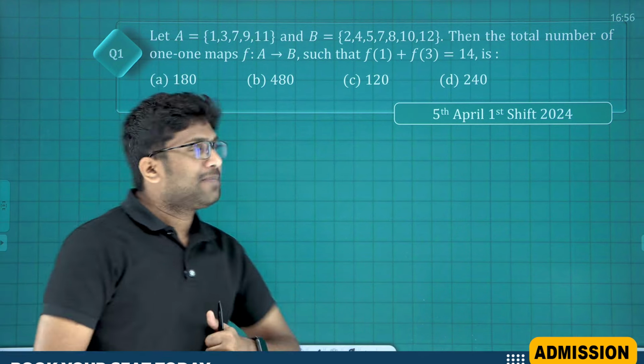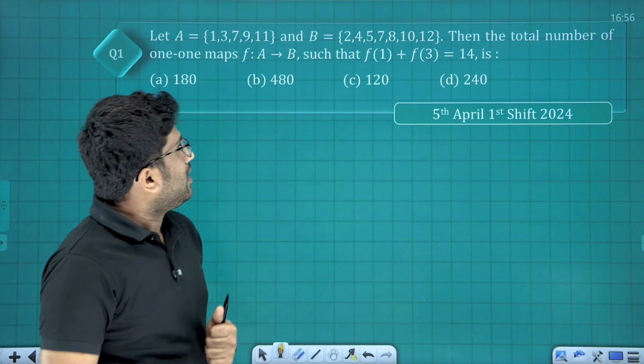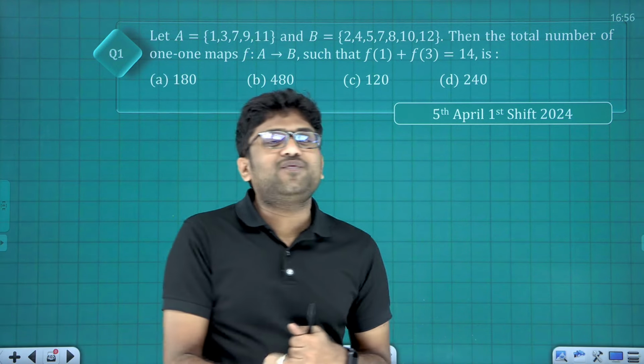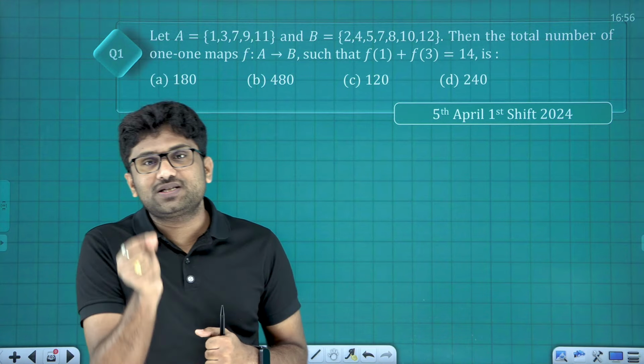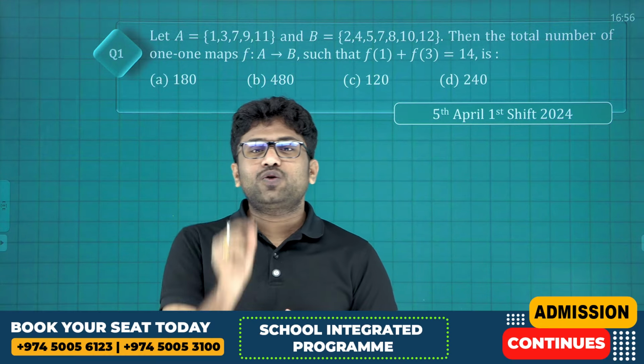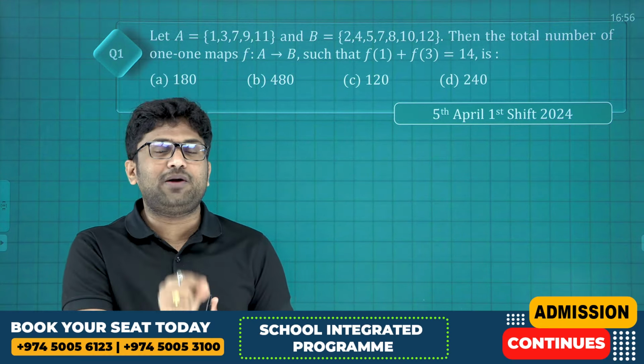Coming to the first question, they have given two sets and the total number of 1-1 functions, f mapping from A to B. So first we should know the formula to find the number of 1-1 functions.